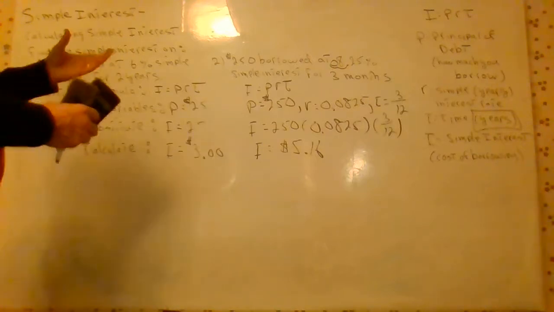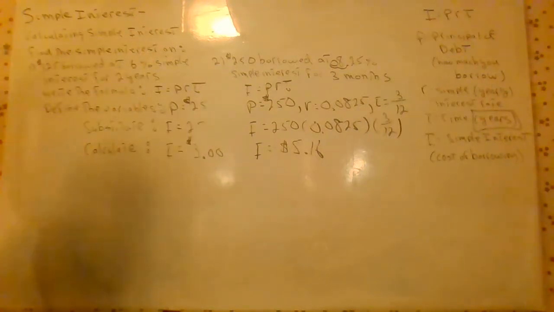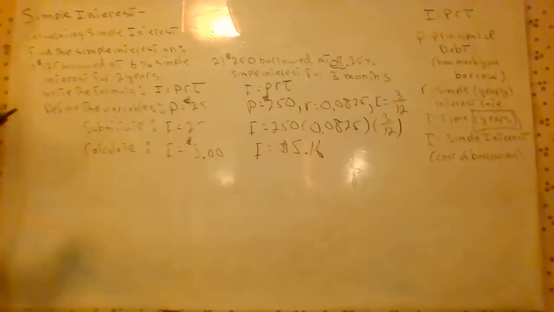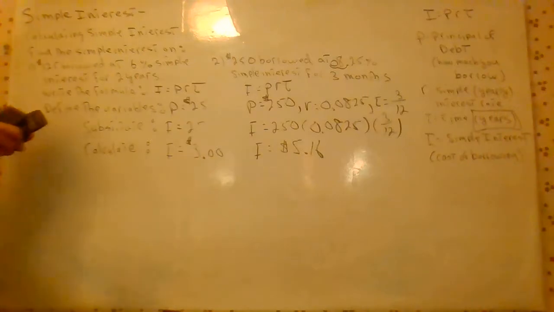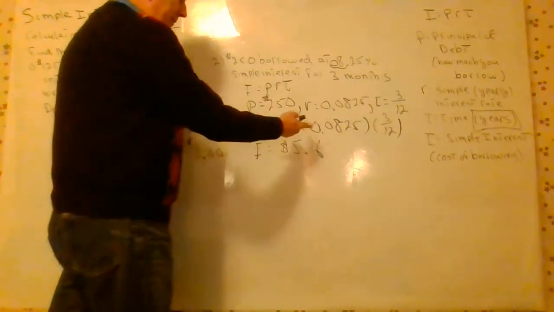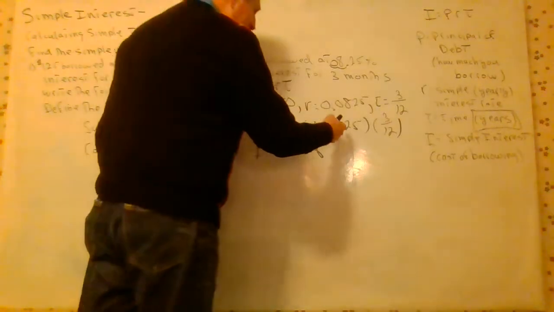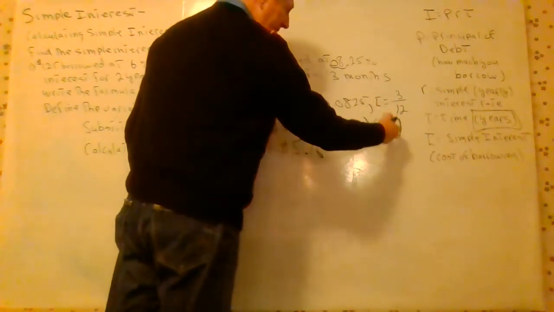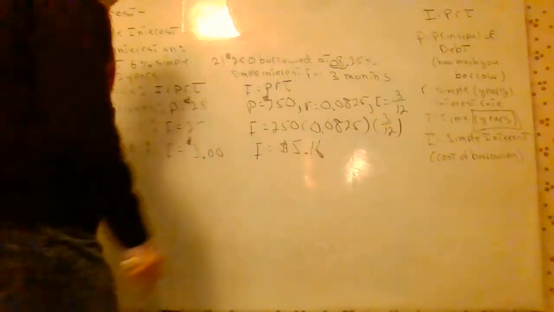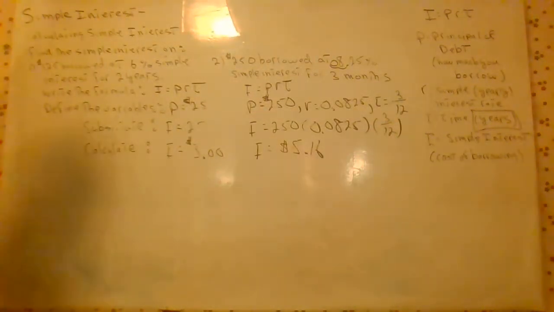We had more money, but we had a smaller, greater interest in a shorter period of time. And just one note, when you're calculating this, it's 250 times this divided by that. You can times 3 divided by 12, and your calculator works it out.